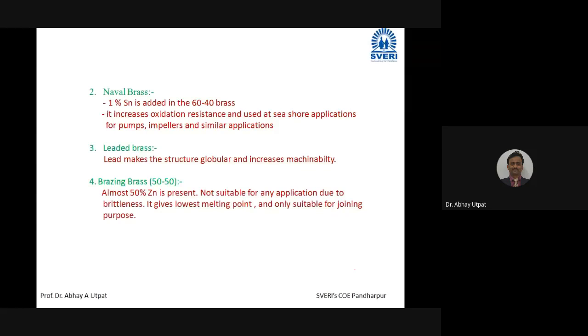Alpha brasses are single phase alloys, soft, ductile, can be easily cold worked. Four applications are there: cap copper, gilding metal, cartridge brass, admiralty brass. Alpha beta brasses are two phase alloys, in which beta phase is brittle, not suitable for cold working. Hence, they are suitable for hot working and casting. Applications are Muntz metal, naval brass, leaded brass, and brazing brass. Both microstructures I have explained to you how to draw. So it will be asked for 2 marks or 3 marks in the examination.